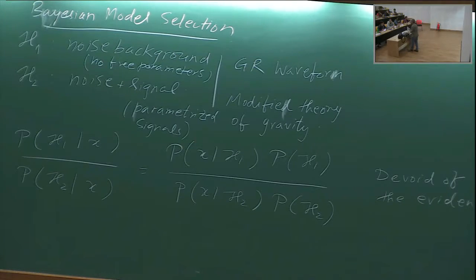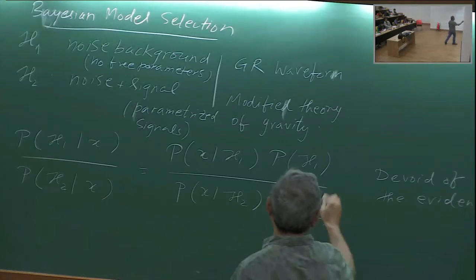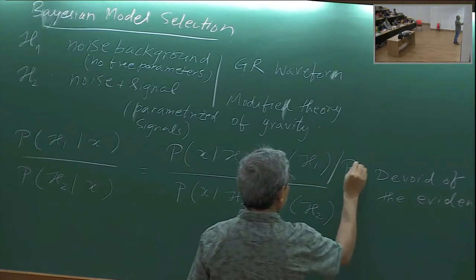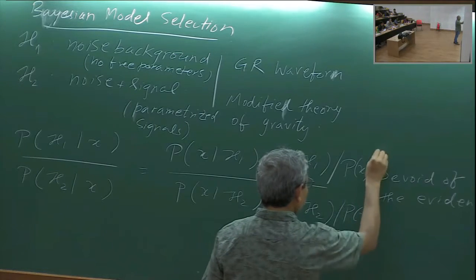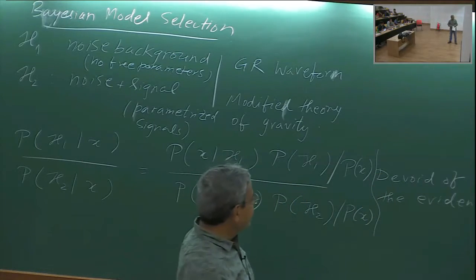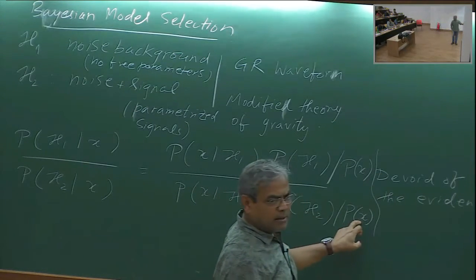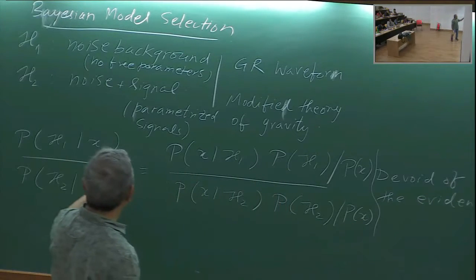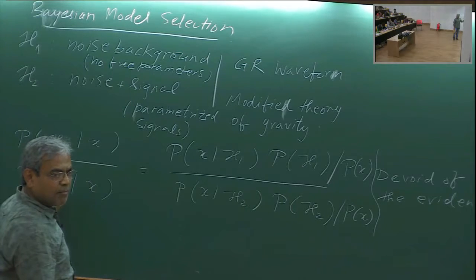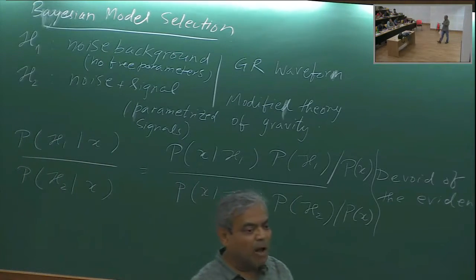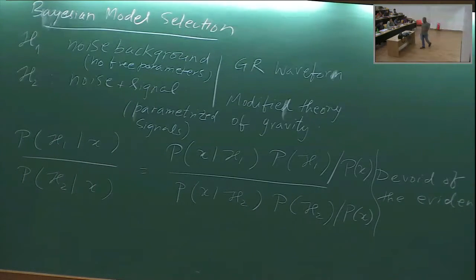Devoid of the evidence part. You might recall that each of these was divided by the probability of x. What I mean is that this doesn't change between these two competing models, H1 and H2. Okay? The probability of x is integrated over all models. In fact, we may not have access to all models.